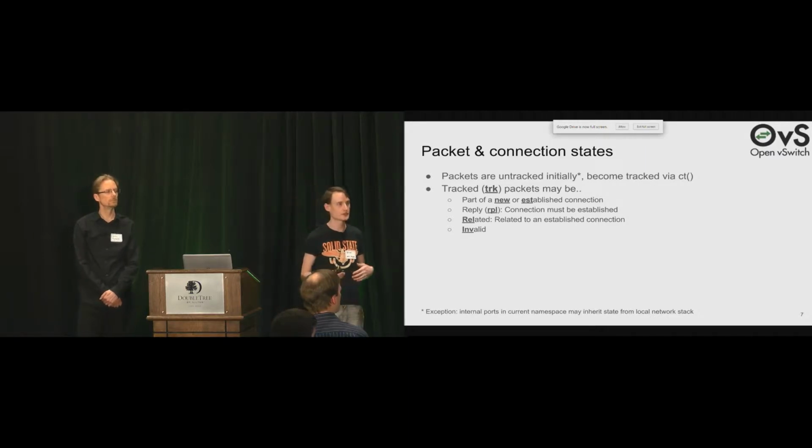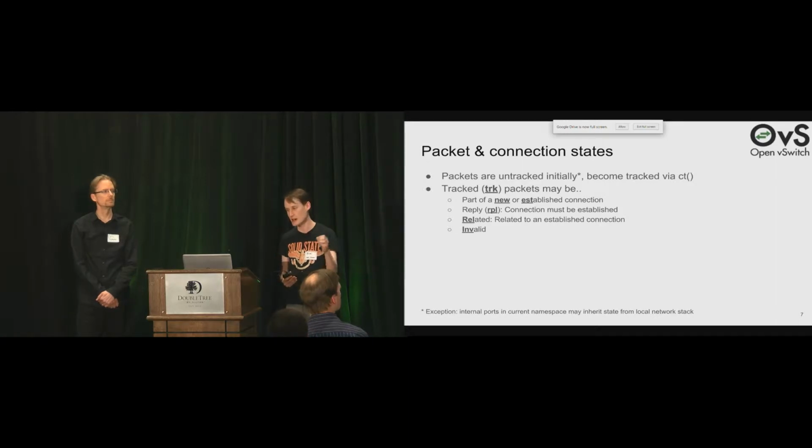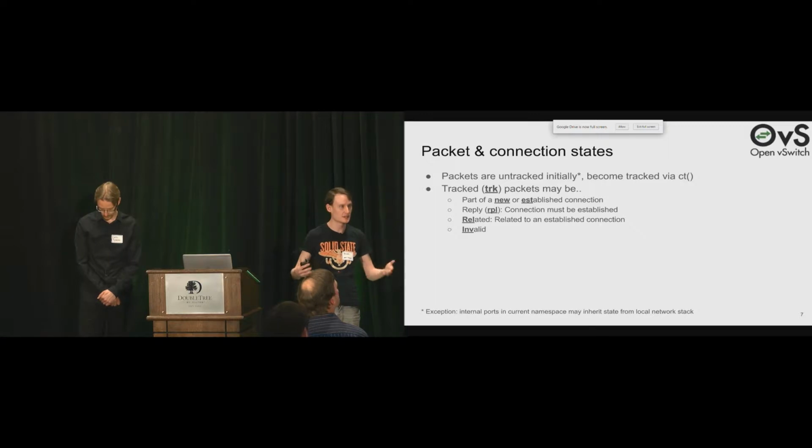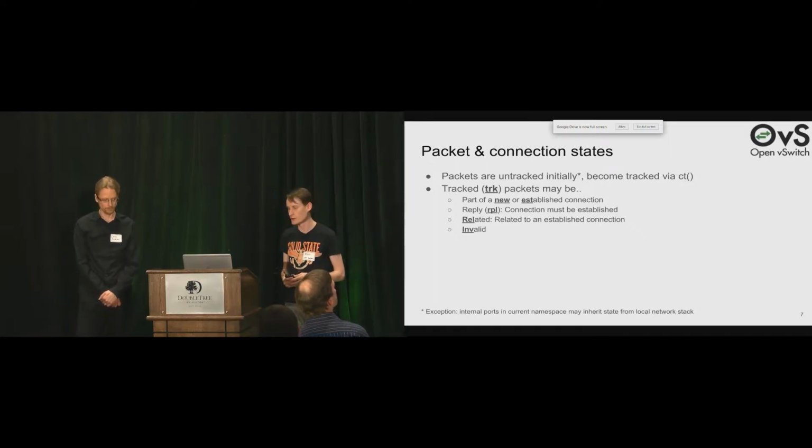So when you send it through the connection tracker, it comes back and will have the CT state as tracked. And tracked packets, we can tell if it's part of a new connection, that's to say that it hasn't previously been committed to the conntrack table, or if it's part of an established connection, which essentially says that it has been committed to that table and we've seen two-way traffic for that connection.